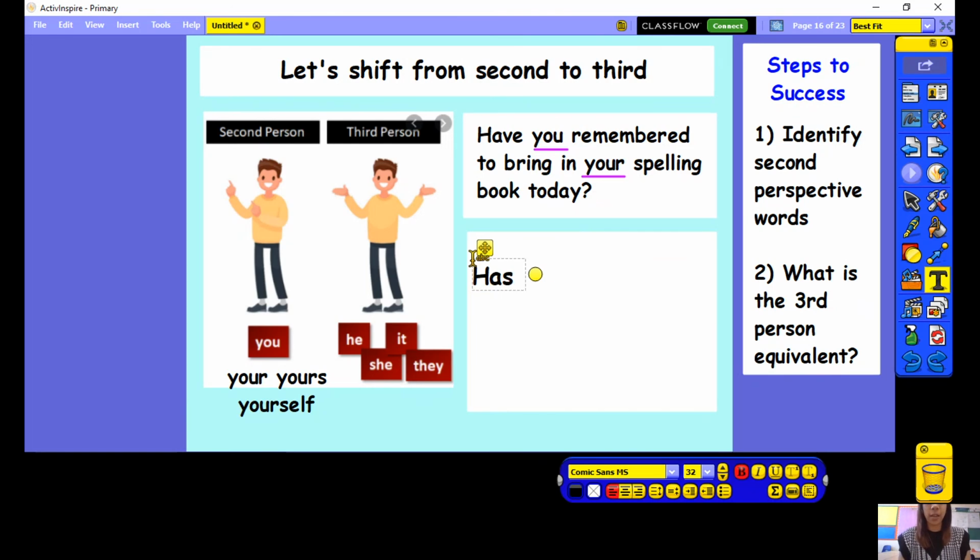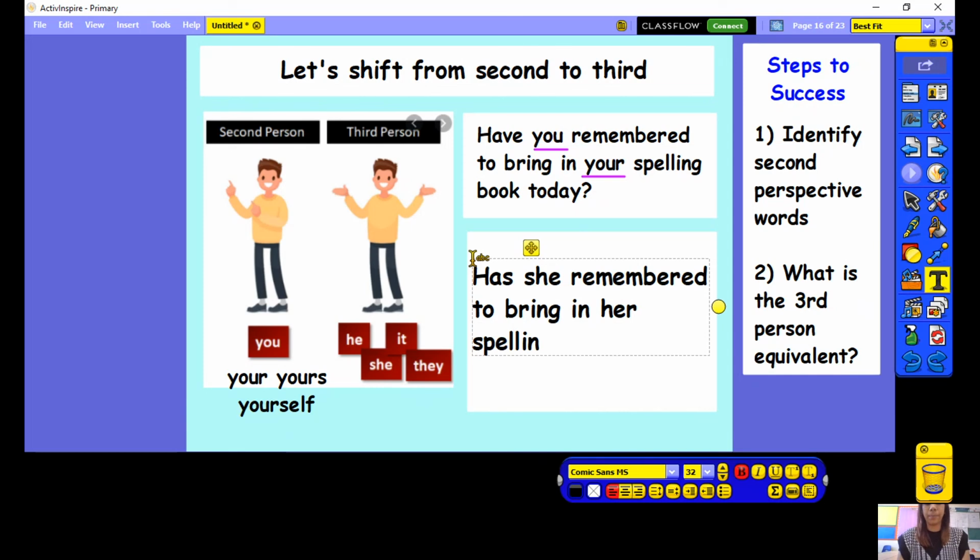So has she remembered to bring in her spelling book today? Or I could change to has he remembered to bring in his spelling book today? There is a shift. I'm no longer talking to somebody, I'm talking about somebody.